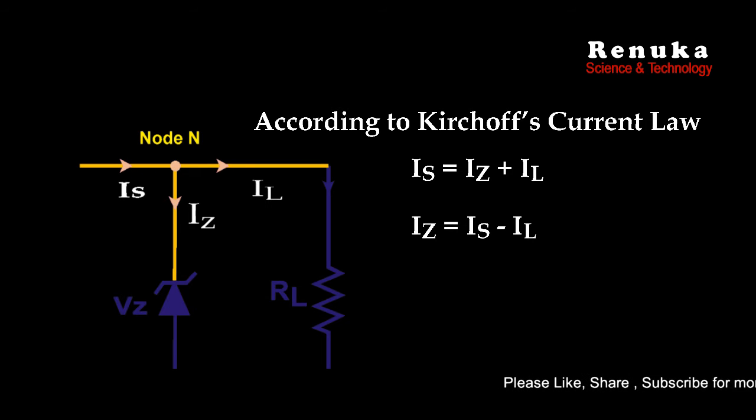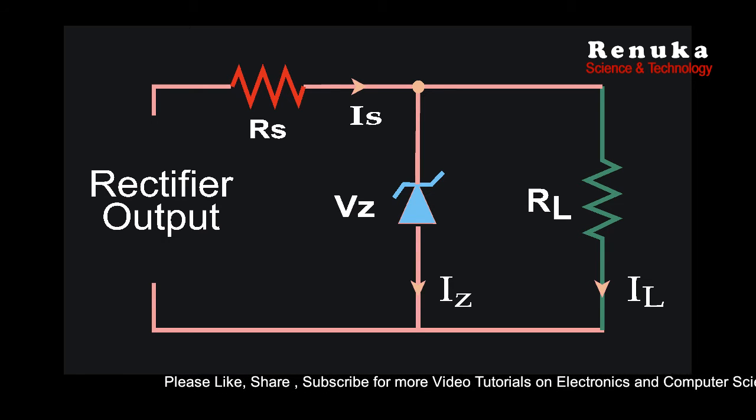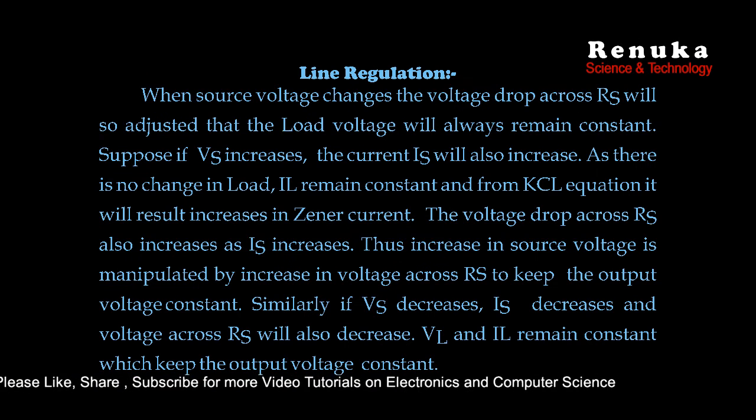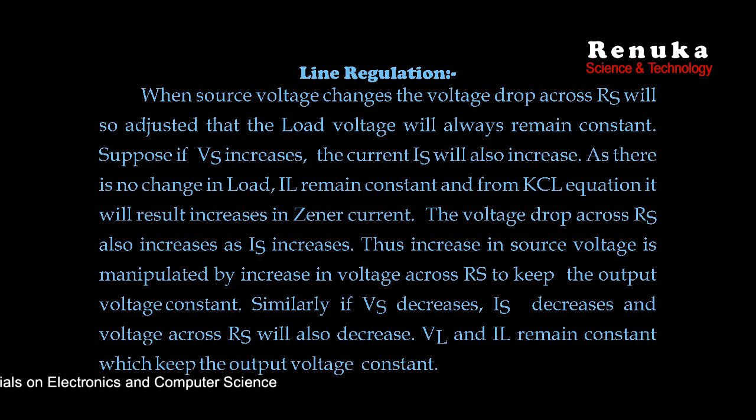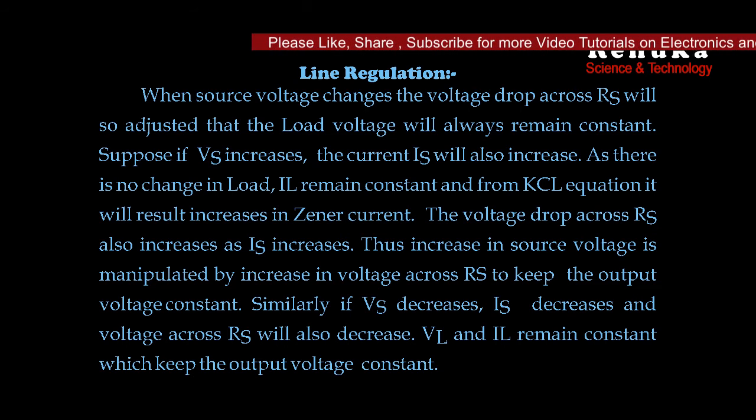Now this regulator has to provide two types of regulation. One regulation is called line regulation. Suppose the source voltage changes, the voltage drop across Rs will also change, so it will be adjusted such that the load voltage always remains constant. Suppose Vs increases, the current Is will also increase. As there is no change in the load, IL remains constant.